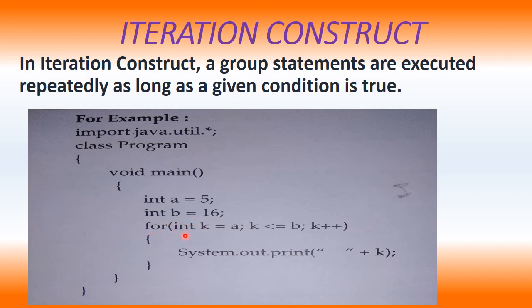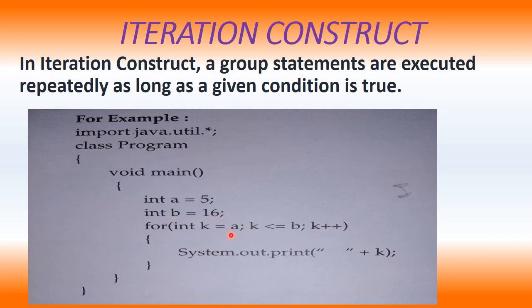I have written here for int k equals a, means k will start with the value of a, which is 5. K is less than or equal to b, means it will execute till k becomes equal to b. The value of k will increase every time, but when k is 16, till that time k will increase.